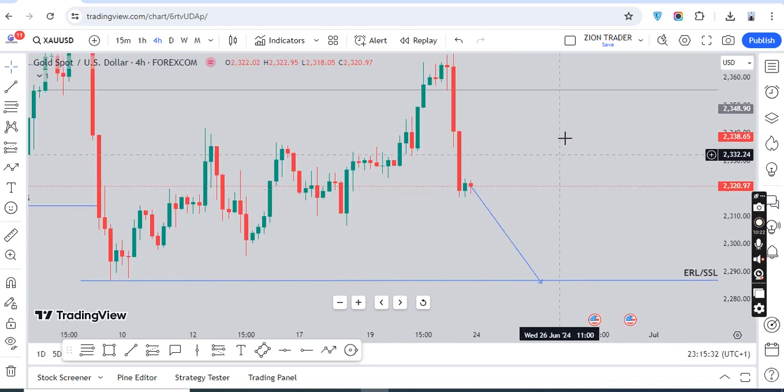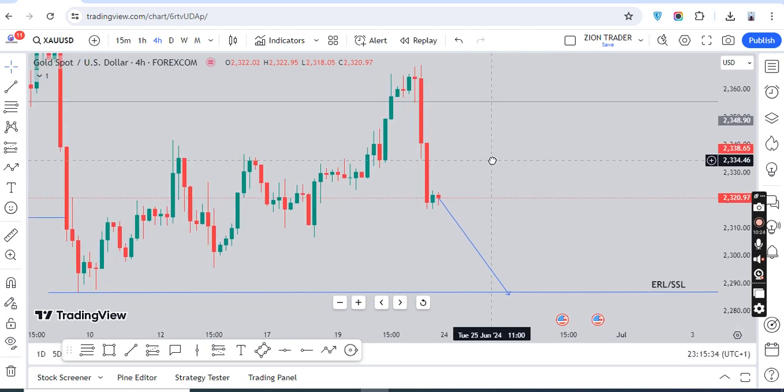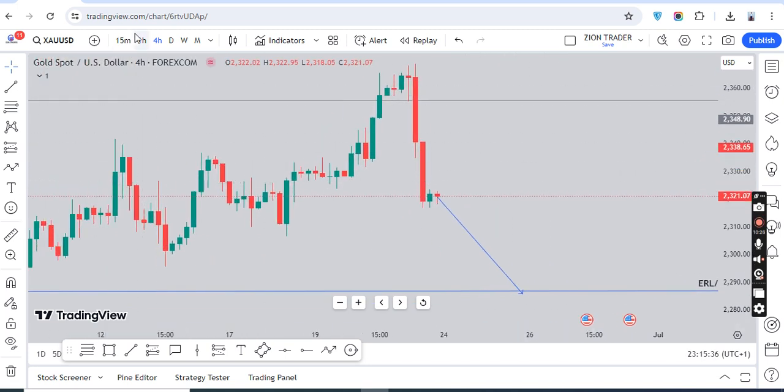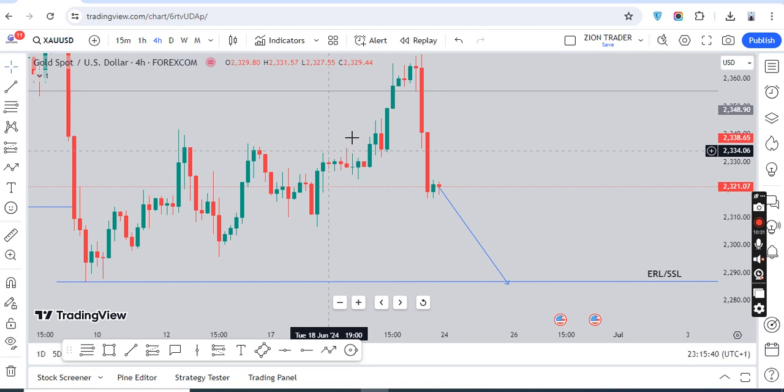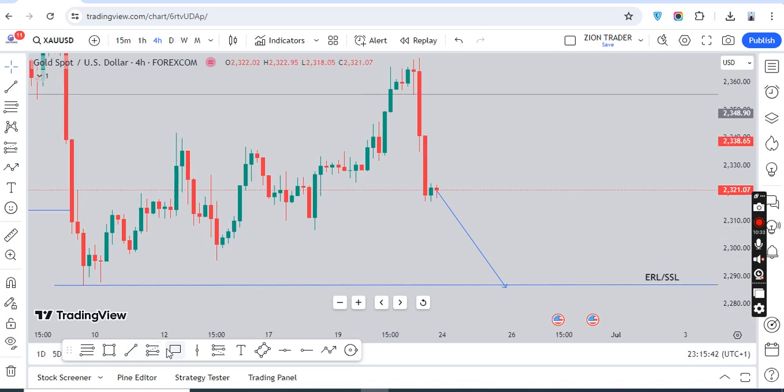Knowing that this is very bearish, what I would love to do on Monday, guys, unless I see good confirmations, is this: price could possibly still trade higher from here, trade into this fair value gap, and then continue selling.